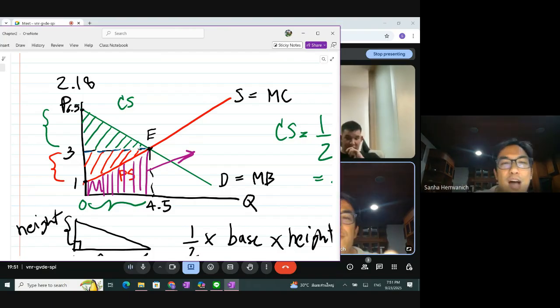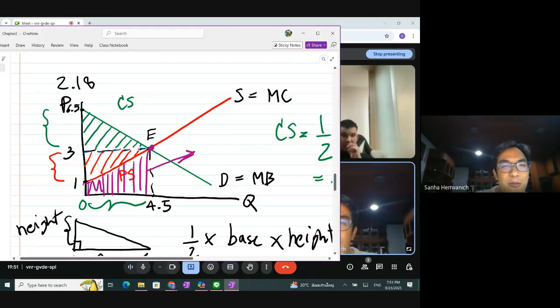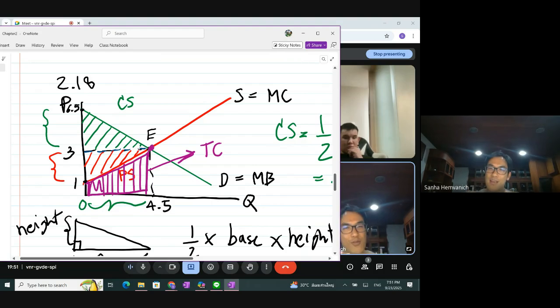So if we stop at E, this area here represents the total cost, because it's the marginal cost for each additional unit added up.